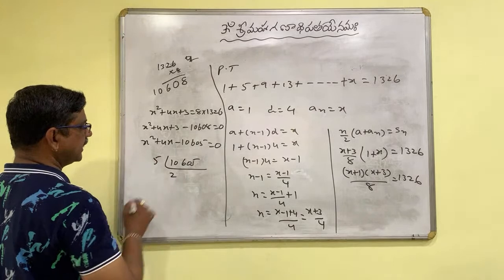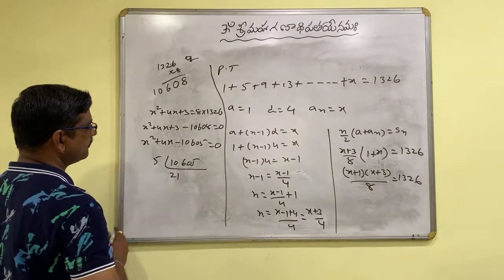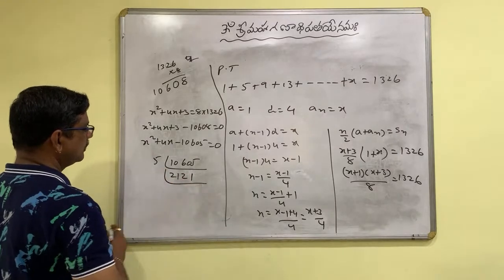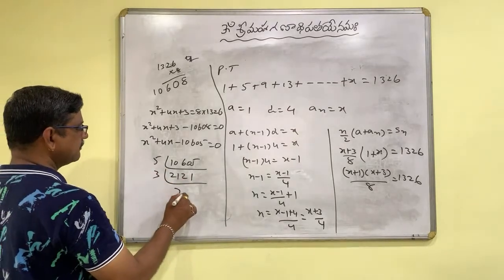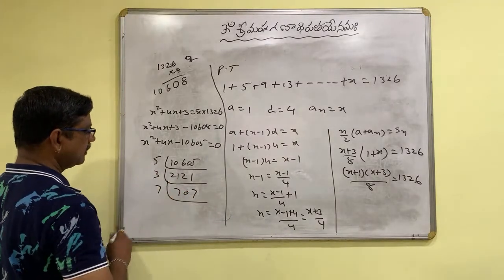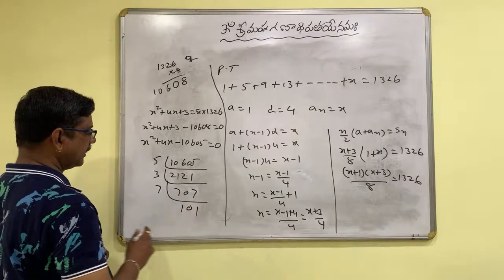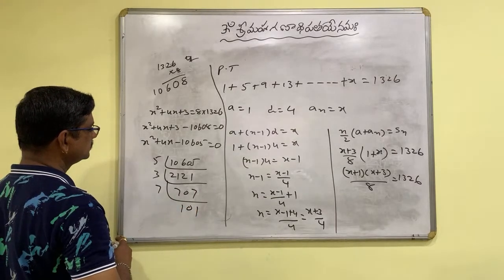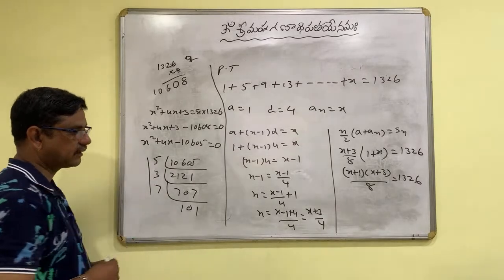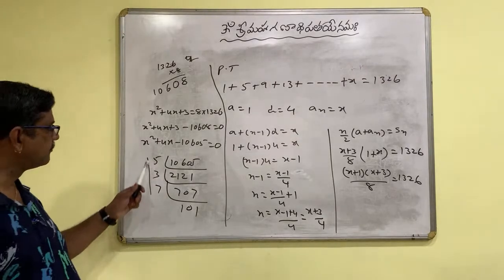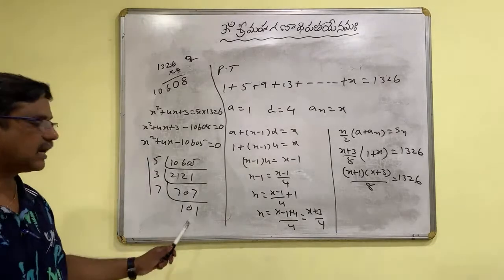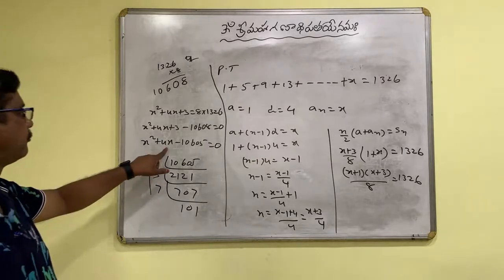5 twos are 10, 5 ones are 5. Now 3 table, 707. 7 table, 101. 15 sevens are 105. 105 minus 101 is 4.